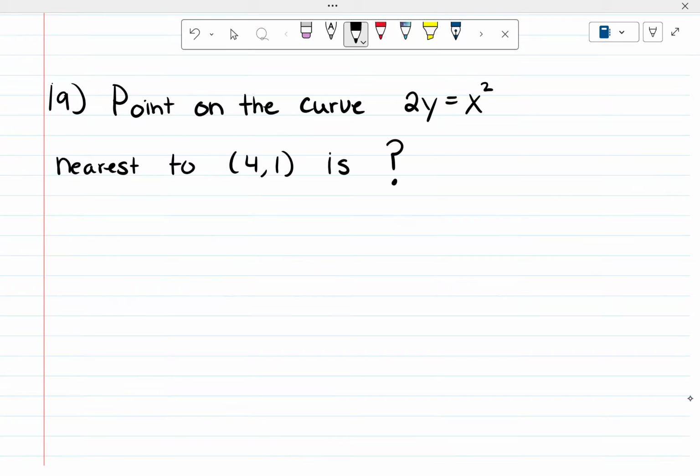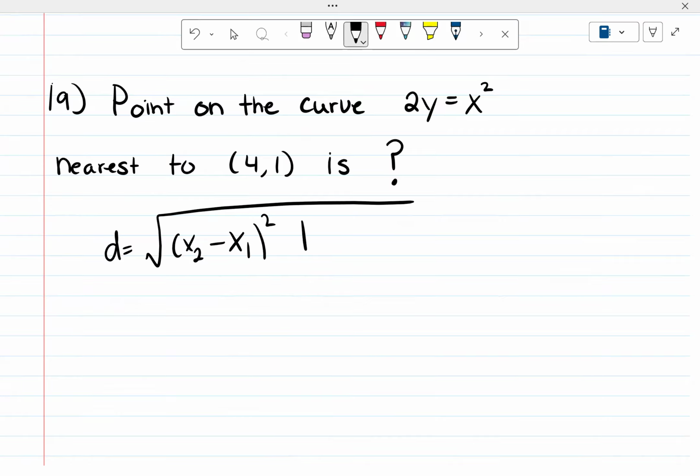Or you can try to graph it. I'm going to use my distance formula. The distance formula is the square root of x2 minus x1 squared plus y2 minus y1 squared, right? My x value is 4, my y value is 1.